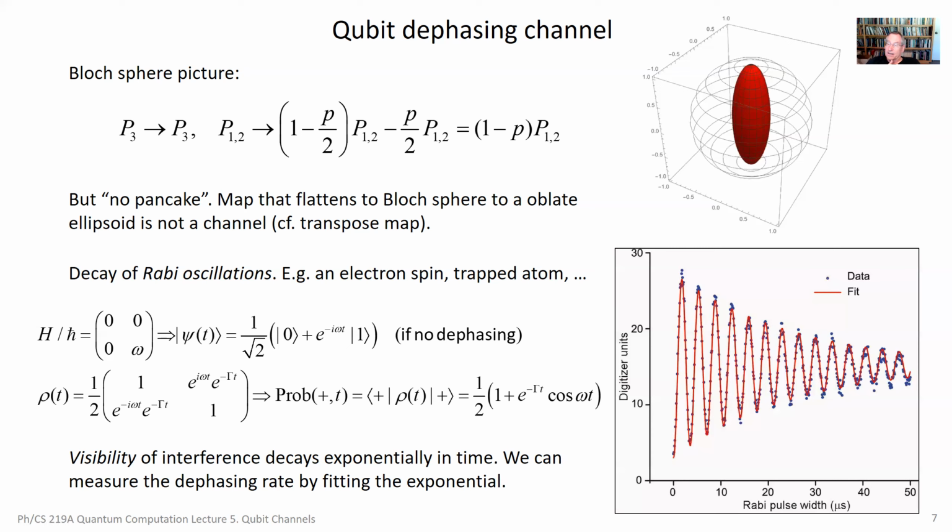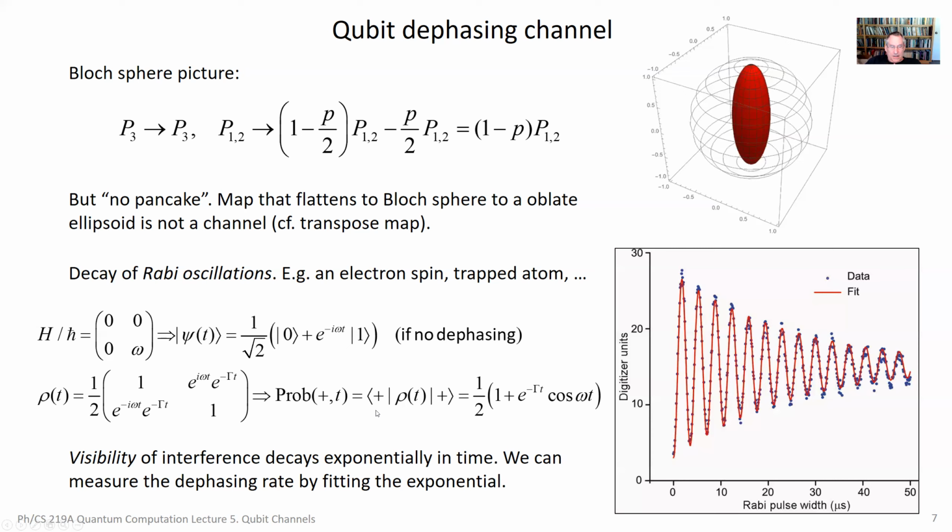Did it go back to where it was originally, or did we wind up finding the orthogonal state? Then the probability of getting the outcome plus is just the matrix element in the state plus of rho of t. And remember, I'm talking about plus being 1 over square root of 2 times 0 plus 1.